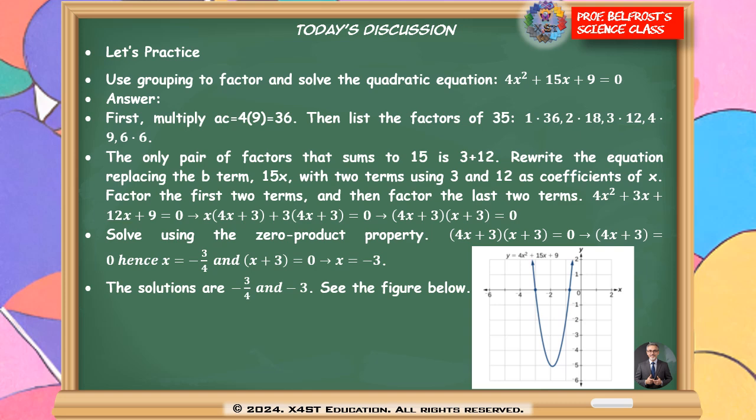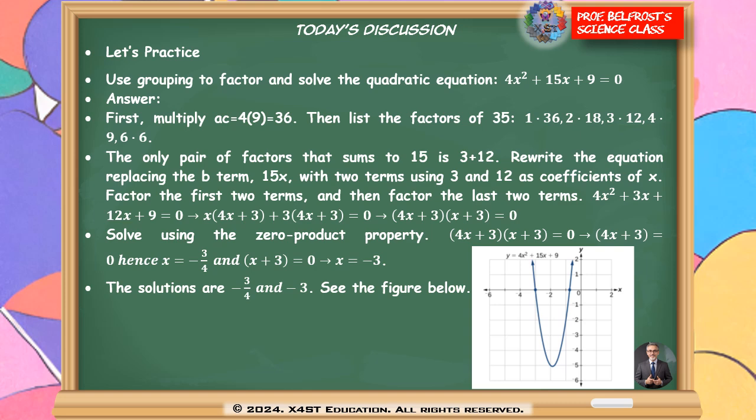So what pair of numbers will have the multiplication result 36 and the addition result 15? For sure, the only pair that suits this criteria is 3 and 12. Okay, so we just replace it properly: 4x squared plus 3x plus 12x plus 9.